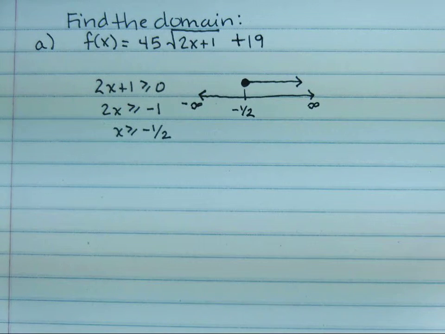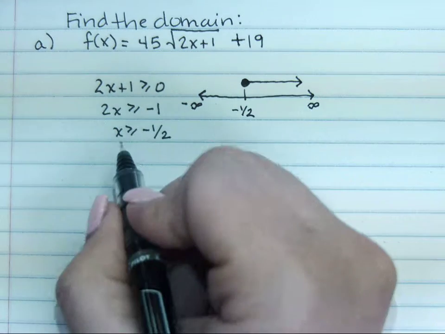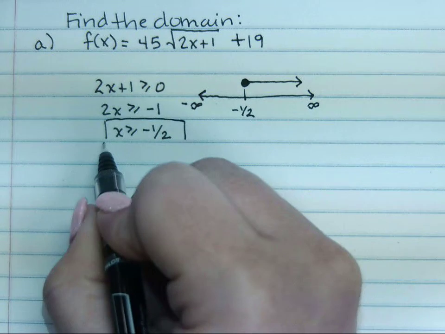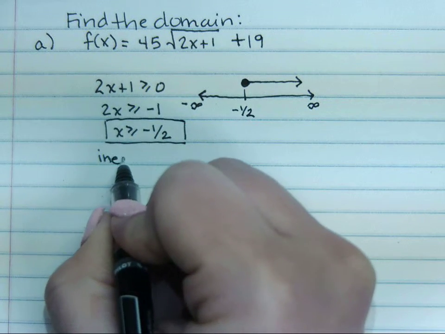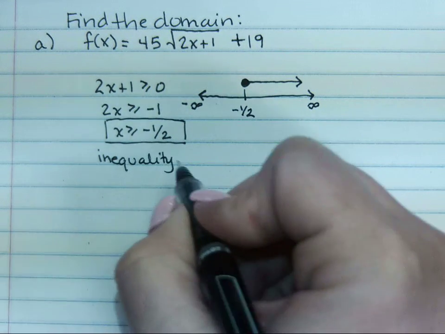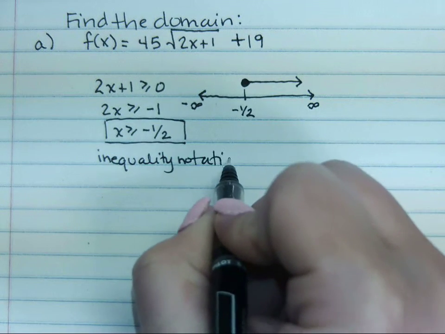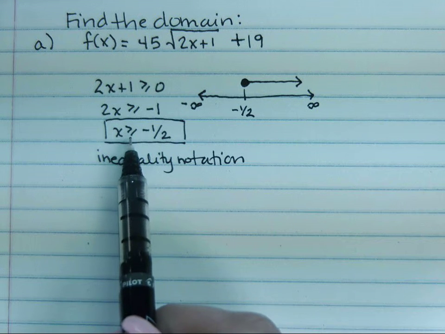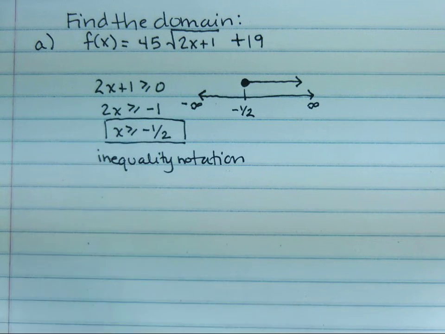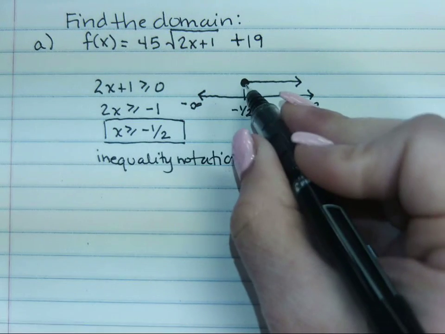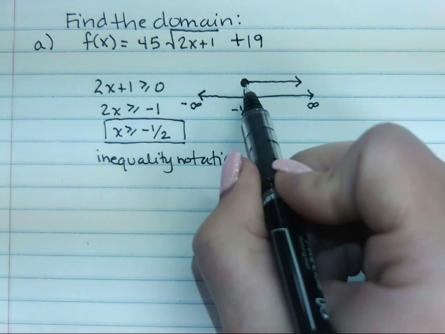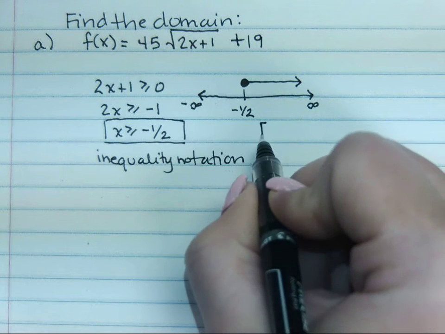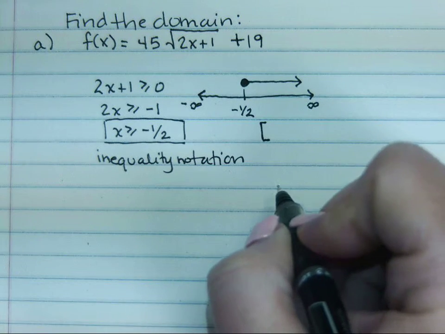And so your domain can be written in multiple ways. One is like this, and this is called inequality notation. Because your solution, or the values of the domain, the values you get to use, are written with an inequality symbol. The other is what we call interval notation. Interval notation says that if I get to include this value, I'm going to start with a bracket to show that that value is included.